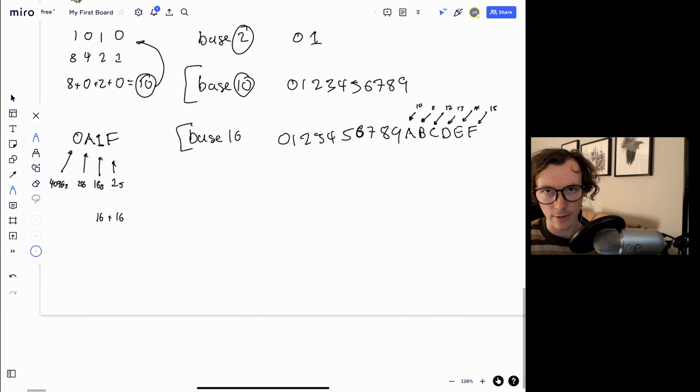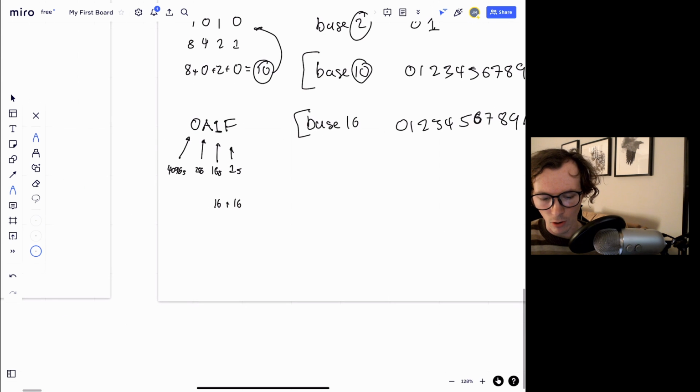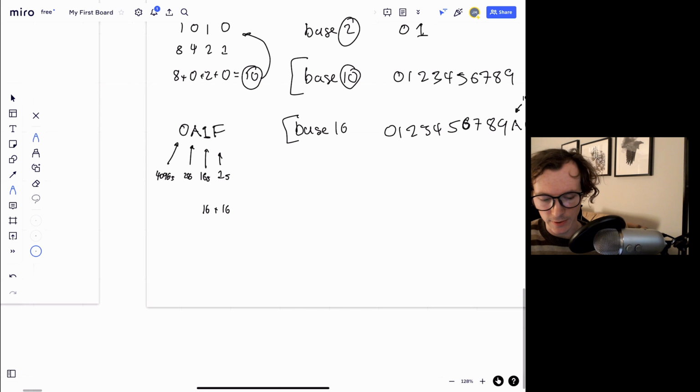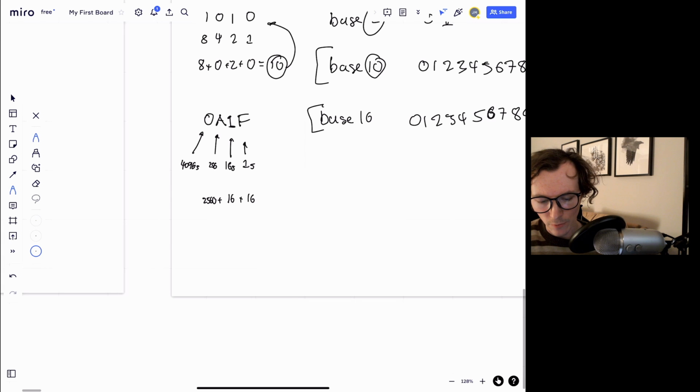Well, A is the 10th digit. That means that there are 10 256s, which means there are 2,560. That's 256 times 10. And there are 0 4,096s. So we do 0 like this. So if we add all this up, that's going to be 31 plus that. So that's 2591. This number here represents this decimal number there.